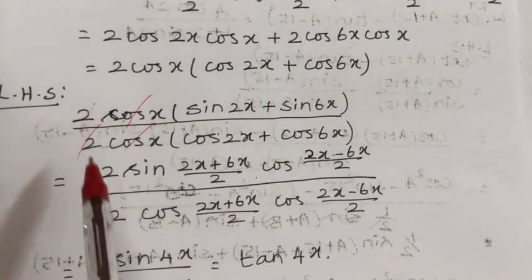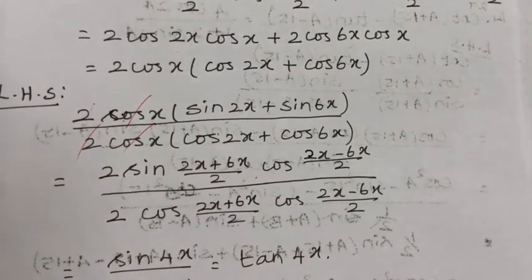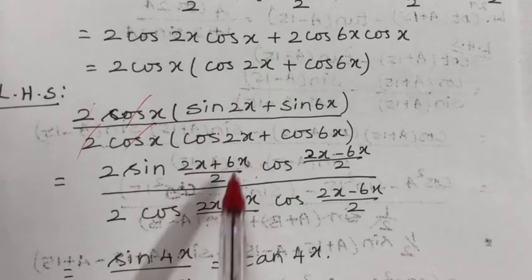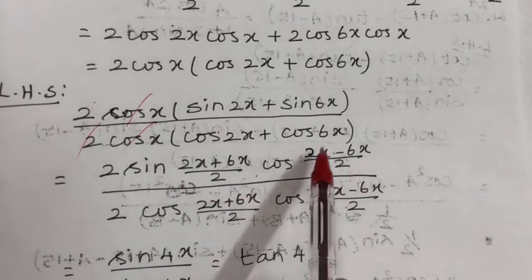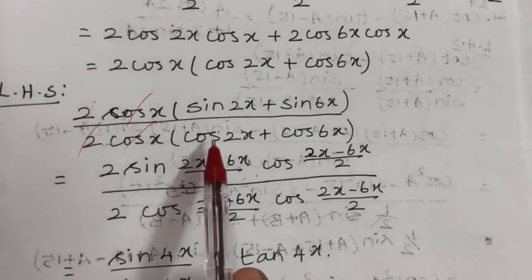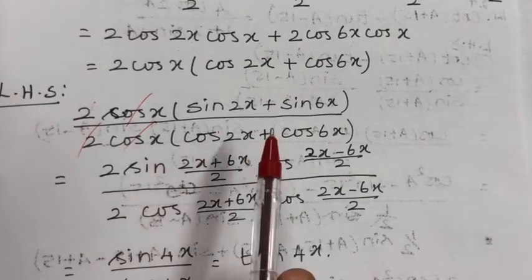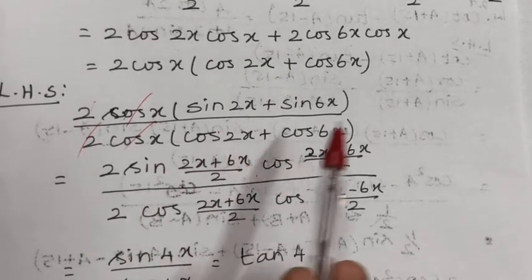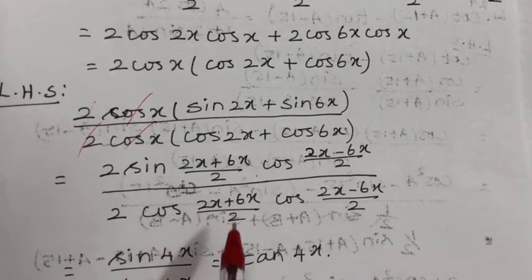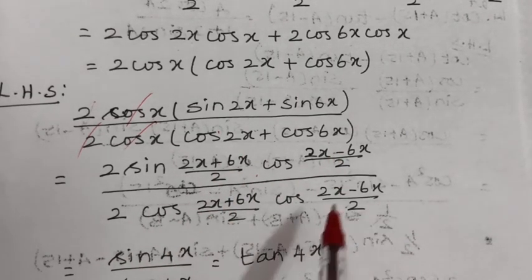Okay. So, 2 sin of (2x plus 6x) by 2, okay, a plus b, cos of (2x minus 6x) by 2. Similarly, in the denominator also cos c plus cos d. So, 2 cos (c plus d) by 2 cos (c minus d) by 2.